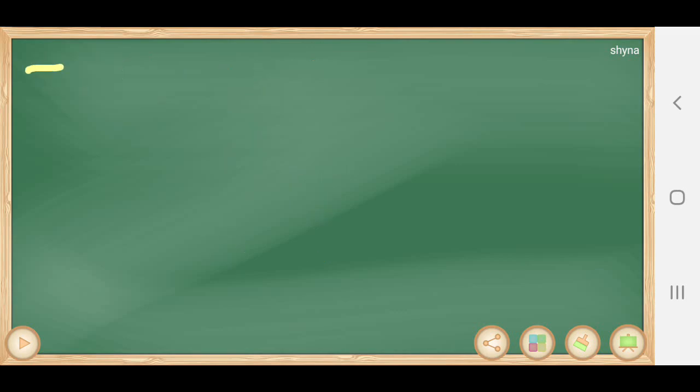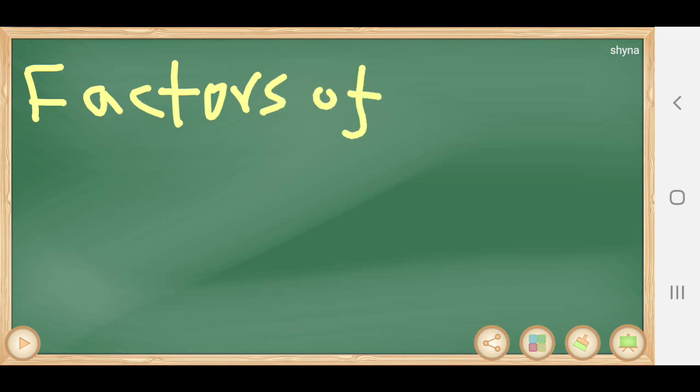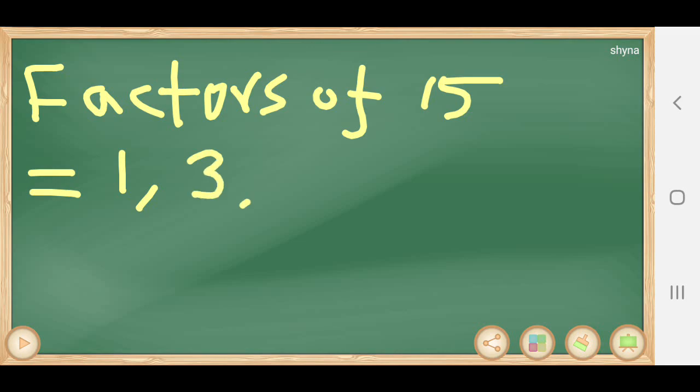So you write, factors of 15 equal to what are they? 1 is there, 3, 5, 15. Factors of 15 equal to 1, 3, 5, 15. That is what you can write.